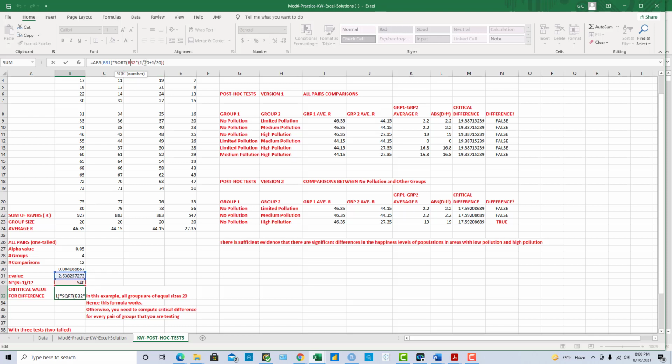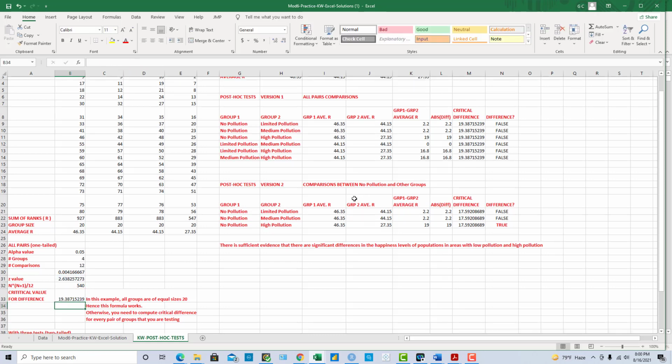If you don't have equal groups, then for each pair of groups you are comparing, the critical value will have to be different. Suppose you have 20 in one and 15 in another, so you'll use 1 over 20 plus 1 over 15. So we have this critical value of the difference.